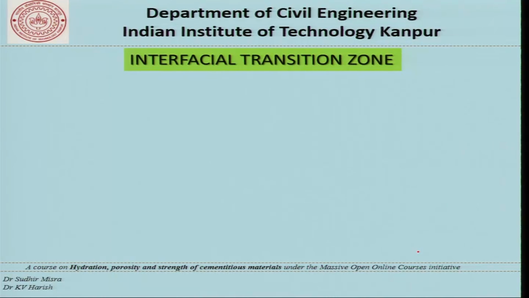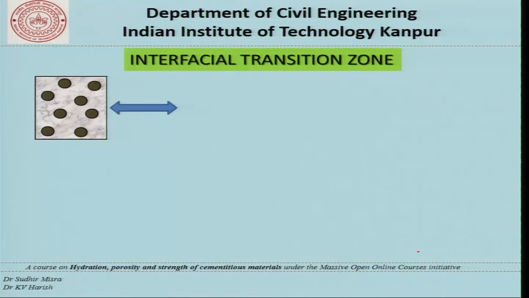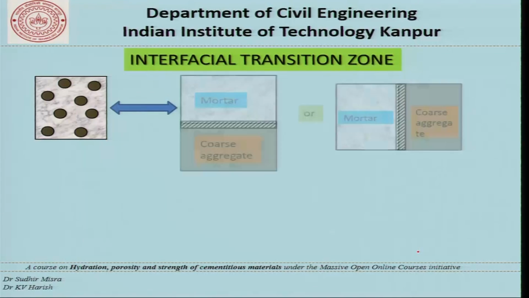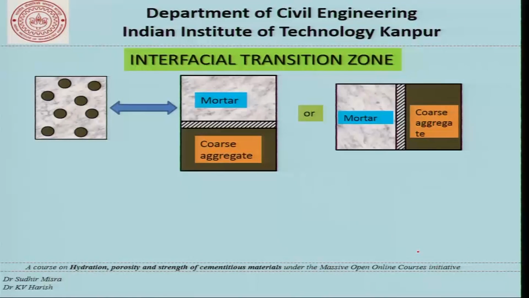Now let us look at the interfacial transition zone once again. This is our model concrete where coarse aggregate particles are suspended in mortar. We have this ITZ, which is a small zone between the mortar phase and the coarse aggregate phase.